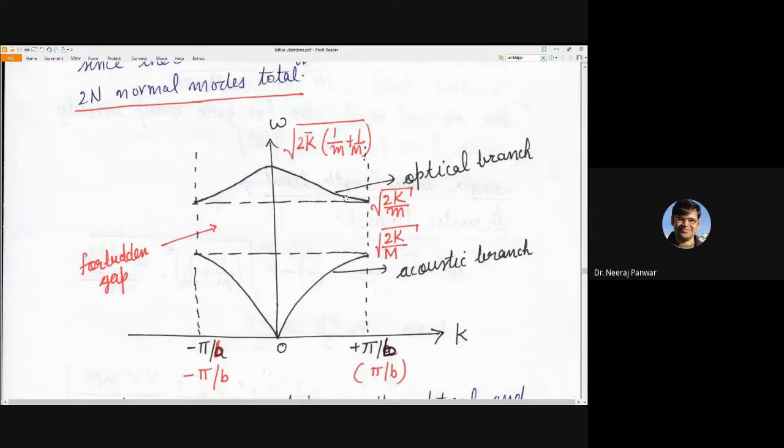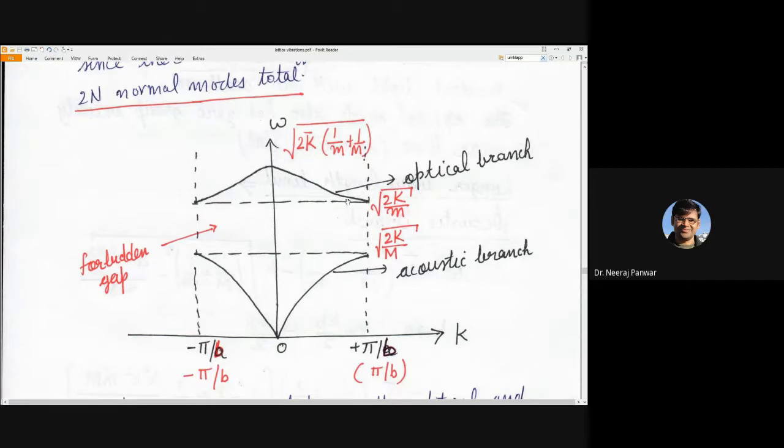The frequency corresponding to this branch lies in the infrared region, so the molecules in this region, like ionic crystals, will respond to the infrared radiation. That's why the name optical branch.